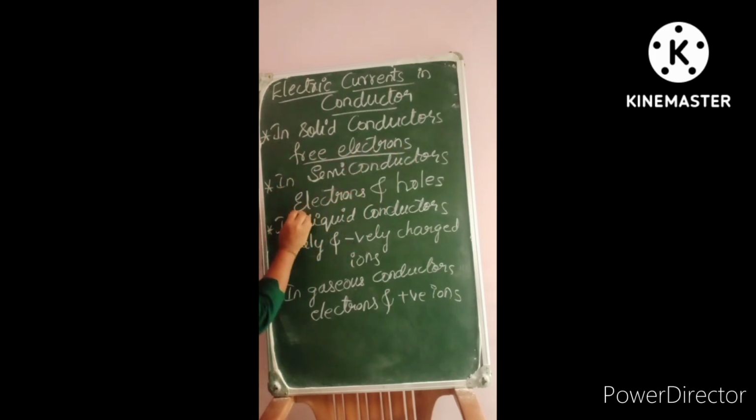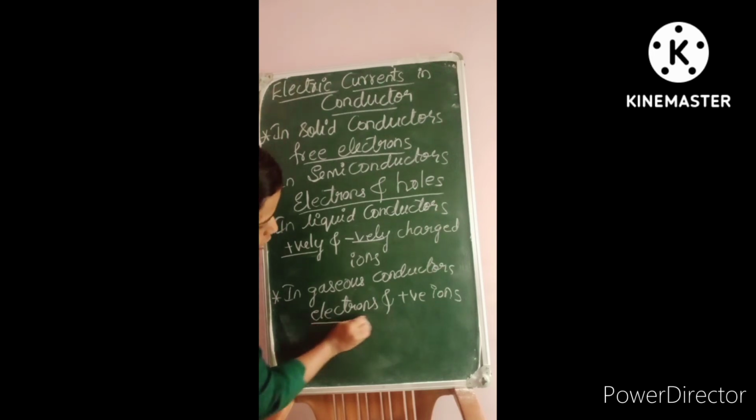In solid conductors, free electrons; in semiconductors, electrons and holes; in liquid conductors, positively and negatively charged ions; and in gaseous conductors, electrons and positive ions will be the current carriers.